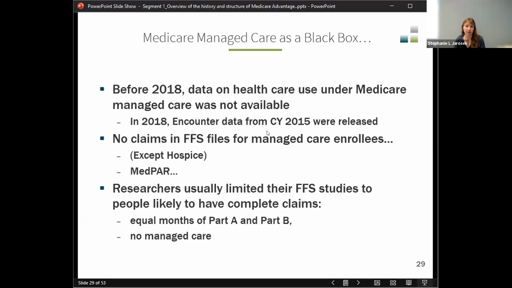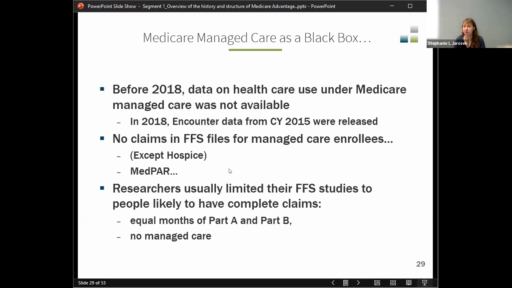It used to be that you didn't have any information on managed care enrollees in the claims files, except hospice. Hospice is a carve out, so we'll talk more about this later, but if you want information on hospice for managed care enrollees, you will get the fee-for-service hospice file because they've always been included in that file just based on the way the program was designed.